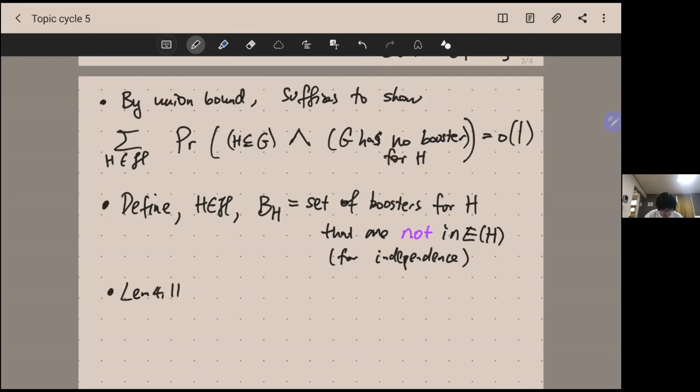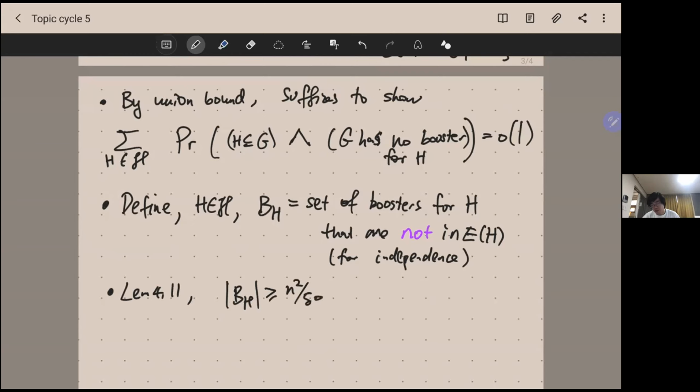Recall Lemma 4.11, which probably you don't remember. Basically, Pósa's rotation tells us what? It gives you lots of possible starting points. It gives you a quadratic number of pairs in n, adding which it gives you a longer path. It's a booster. Quadratic in n meaning boosters, right? So it says that our booster set is of size at least n squared over 50.